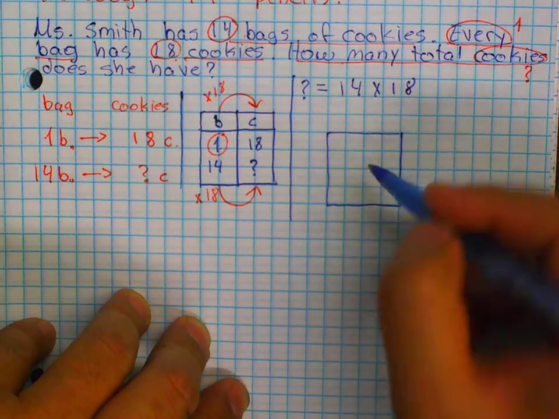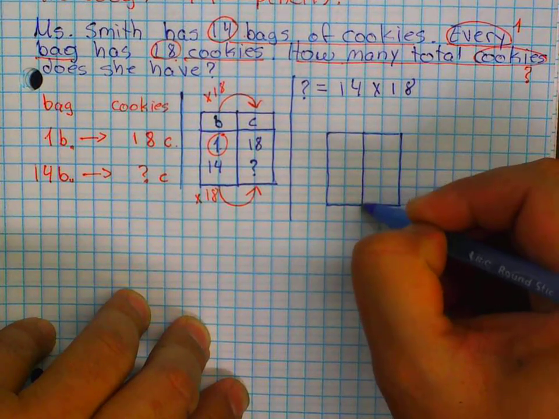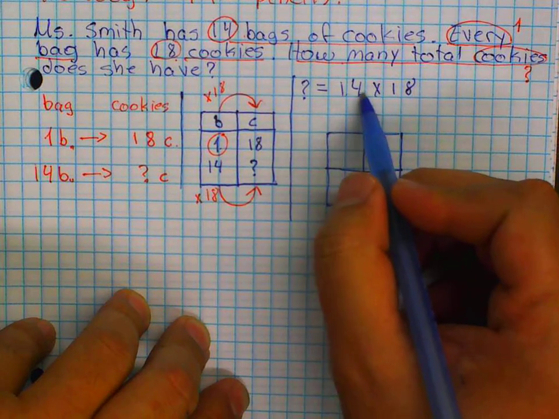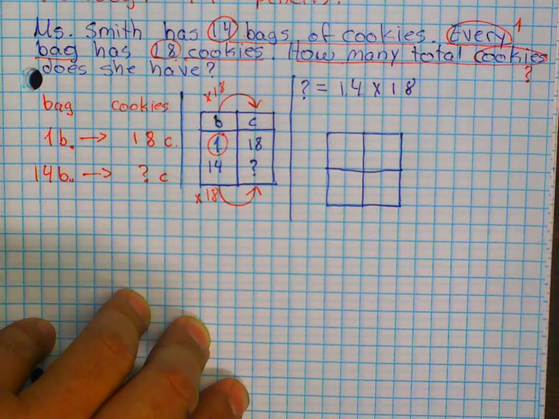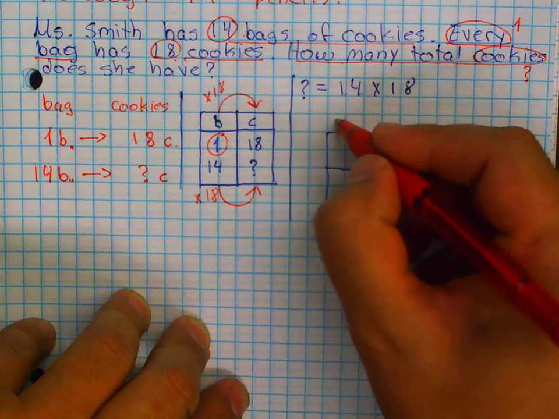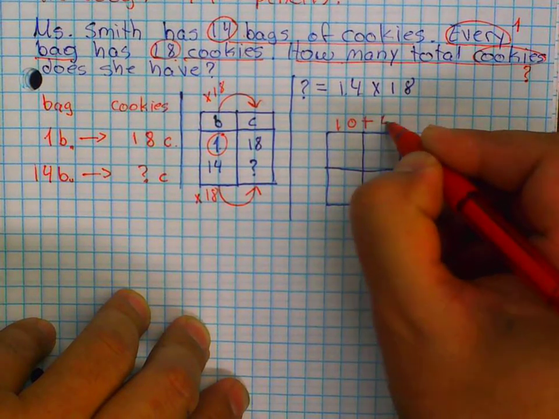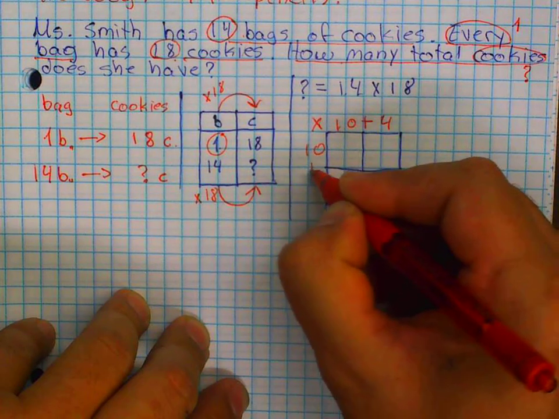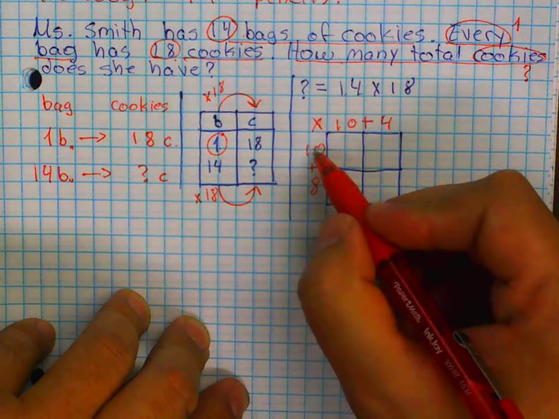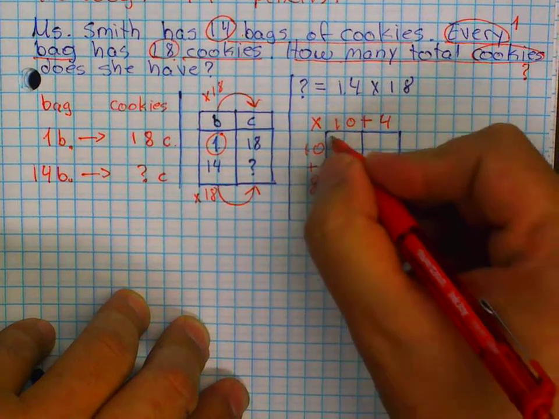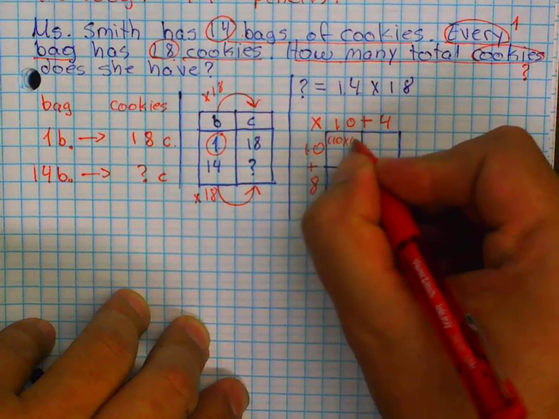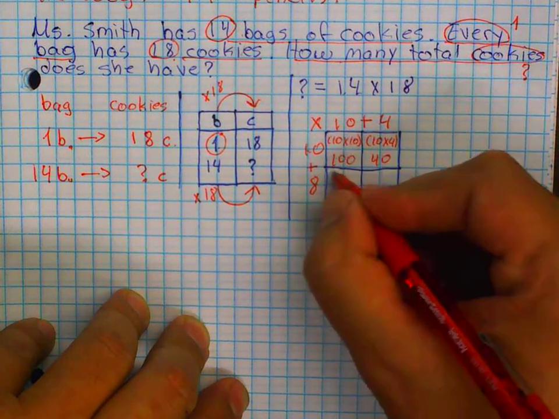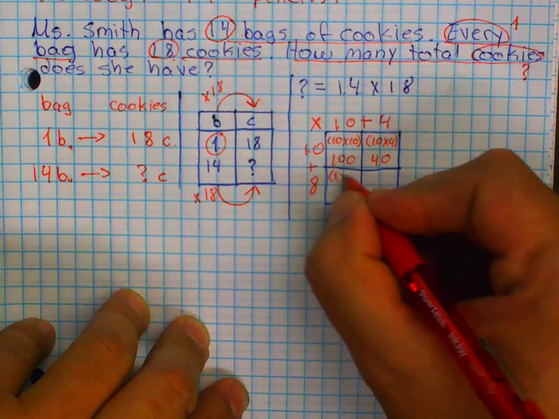The expanded form for 14 is 10 plus 4, times the expanded form for 18, 10 plus 8. So 10 times 10 is 100. 10 times 4 is 40. 8 times 10 is 80, and 8 times 4 is 32.